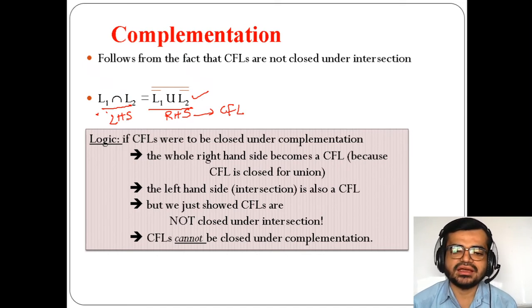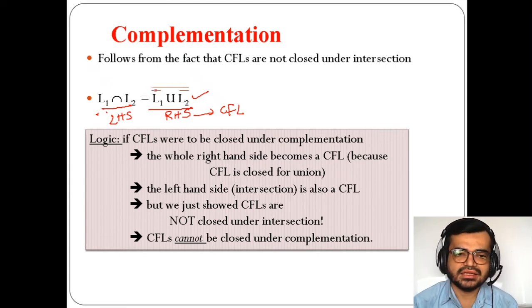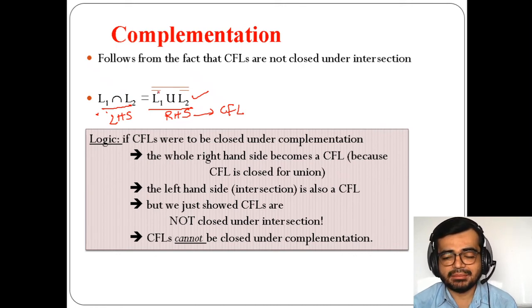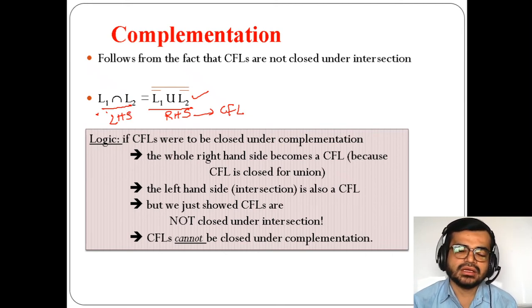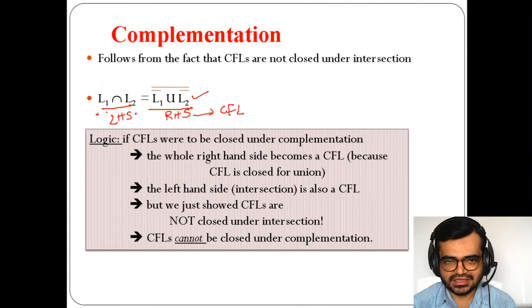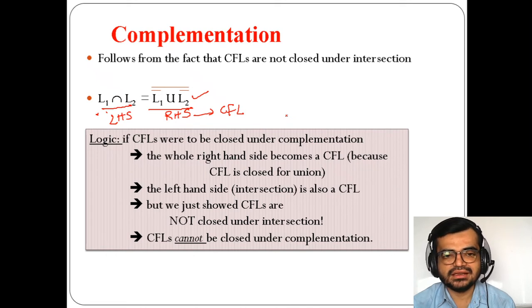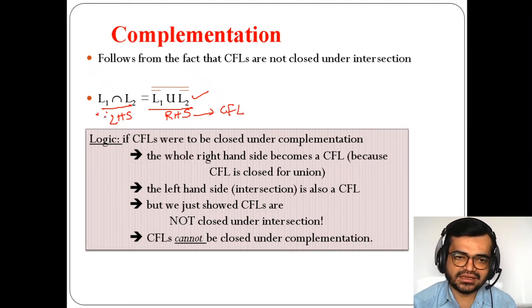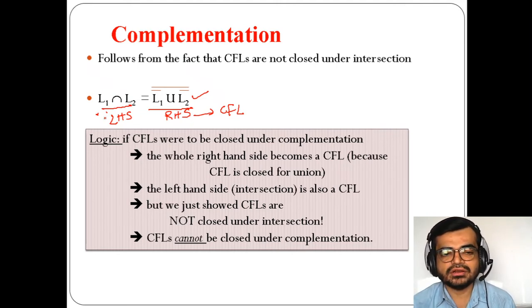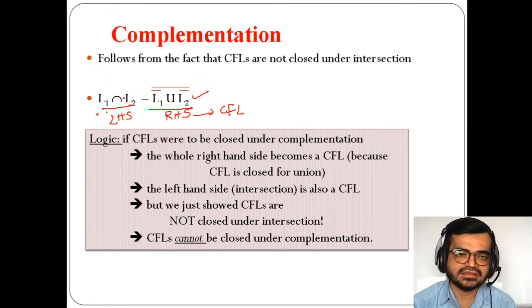So by this you can say that even if I apply complementation here, whatever language you get by performing the complementation on the CFL, because L1 union L2 is a CFL, we are not getting a CFL on the left hand side.